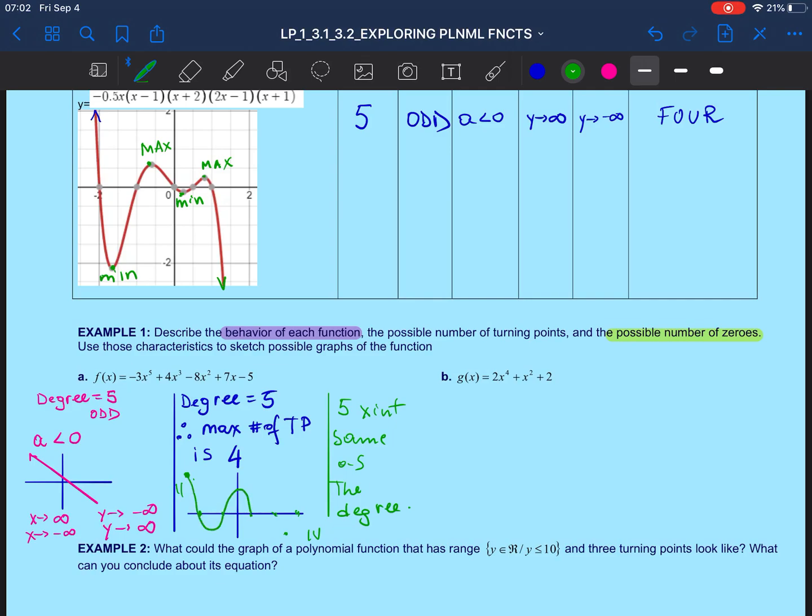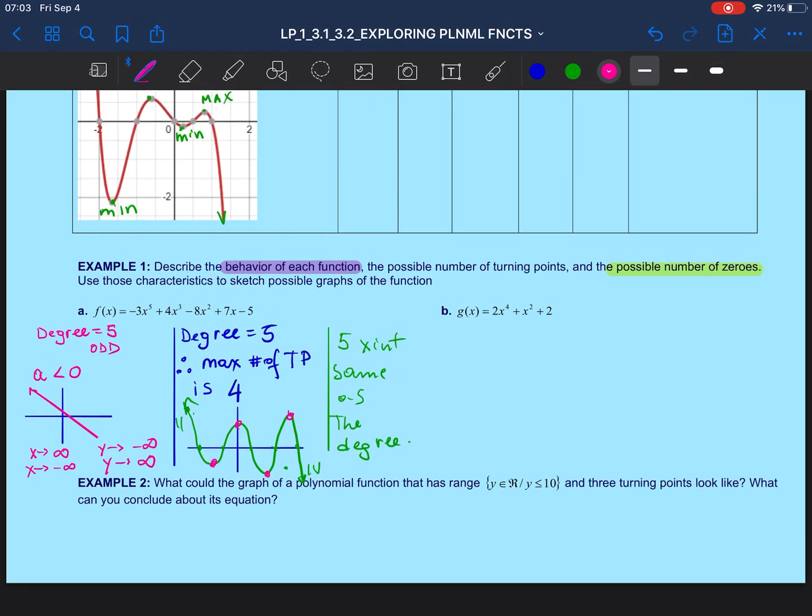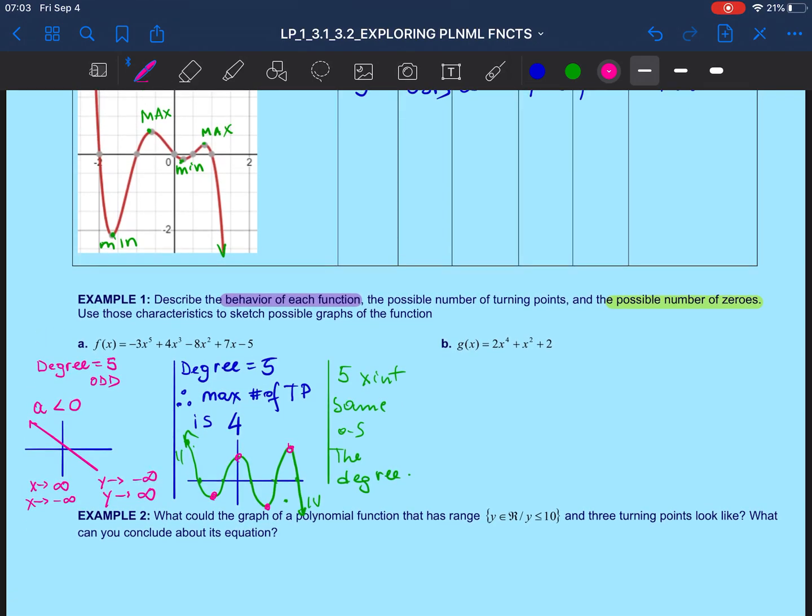And here we go, 1, 2, 3, 4, 5. So the number of turning points can be 1, 2, 3, 4 turning points. Okay? In a similar way, we can discuss the shape of g(x) equals 2x^4 plus x squared plus 2.